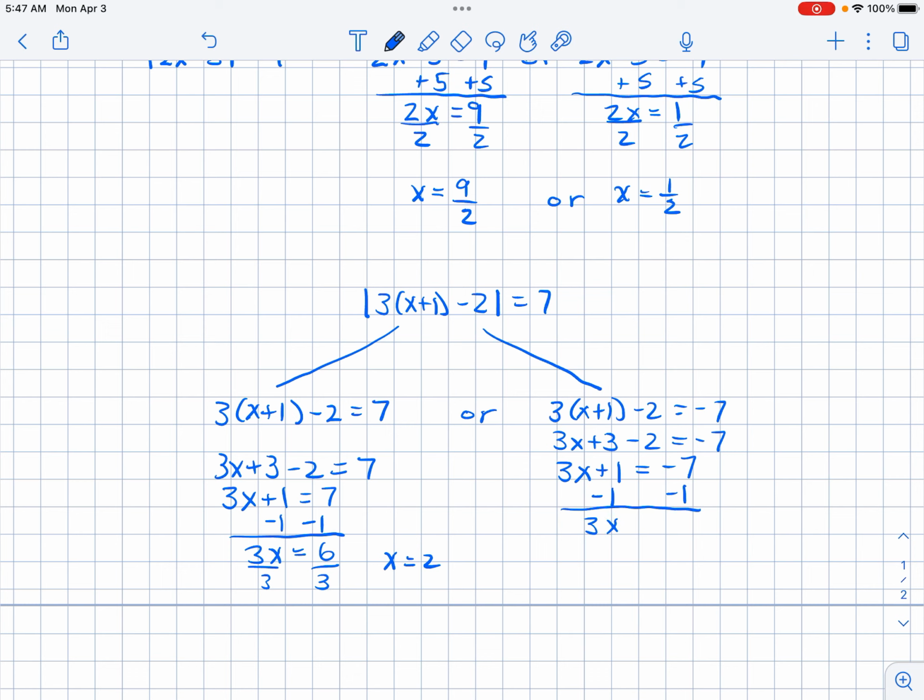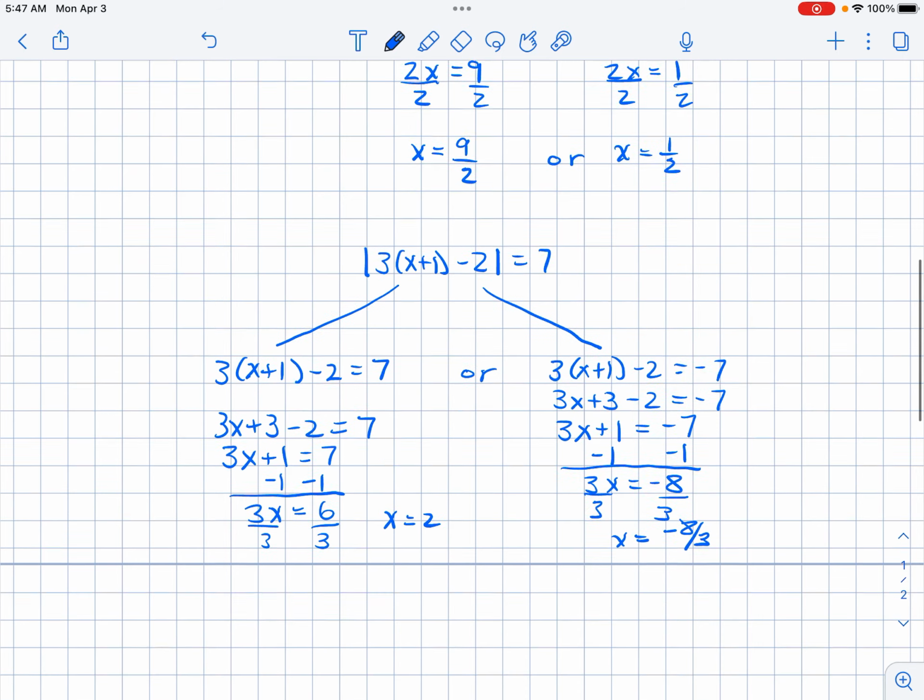And I get 3x equals negative 8. Okay. Now divide by 3. And I get x equals negative 8/3. And that's my other solution. So I get two solutions. This is the way we approach all of these absolute value equations.